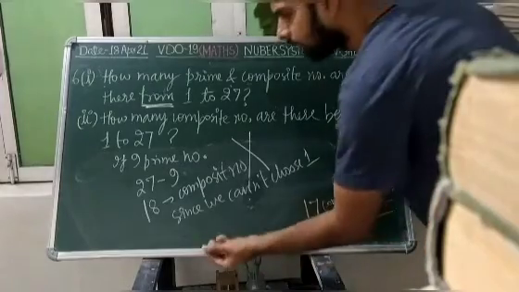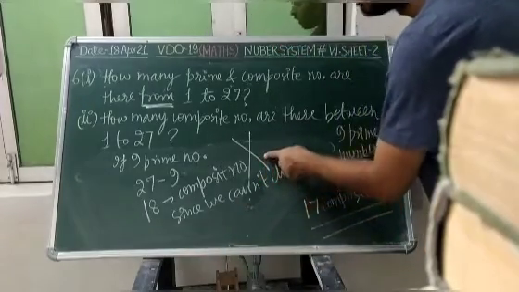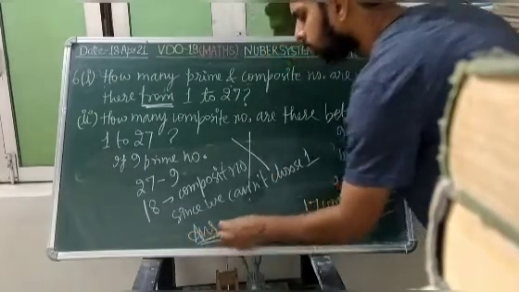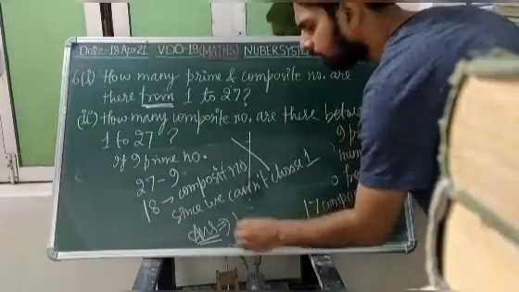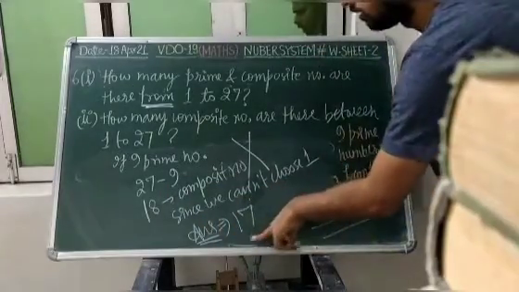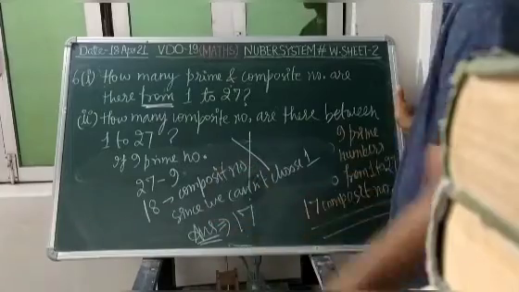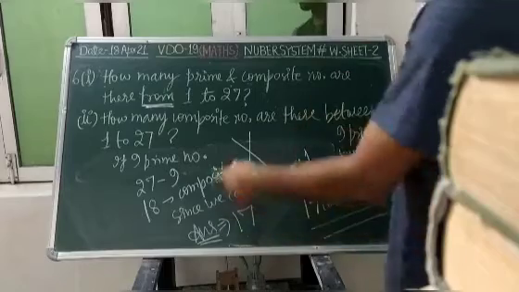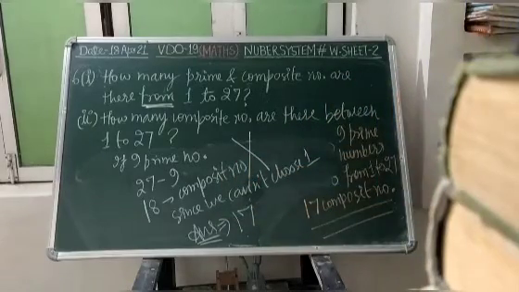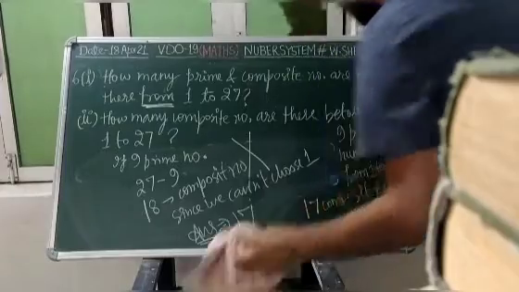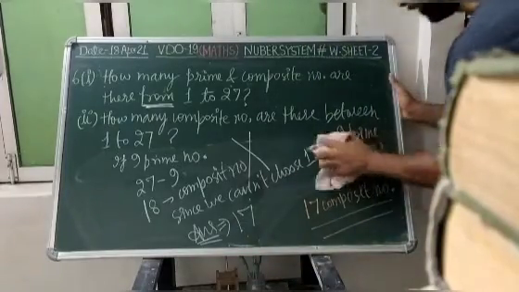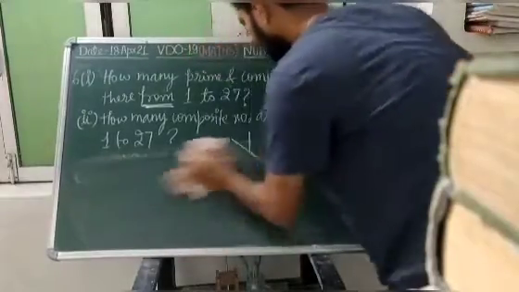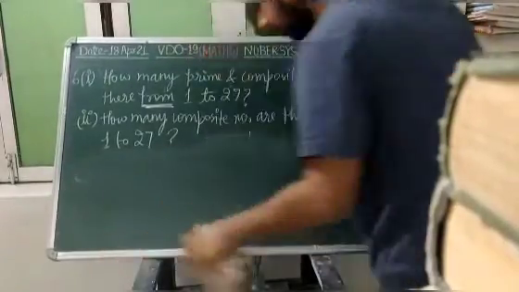So your answer will become wrong if you select this. The answer is nothing but 17, since 1 you are ignoring, so you subtract 1 from 18 and that will give you 17. Okay, I think I have made things clear. You can go through it 2, 3, 4 times.